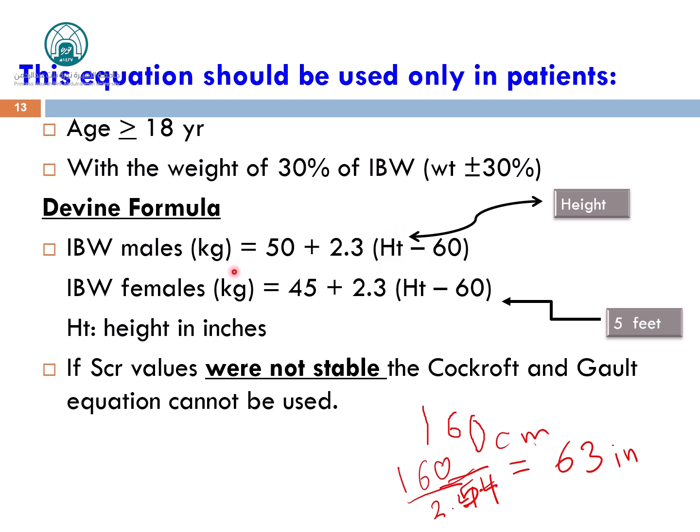For females, the ideal body weight will equal 45, which is usually less than that of the male, plus 2.3 times height minus 60. Okay? The height should also be in inches.